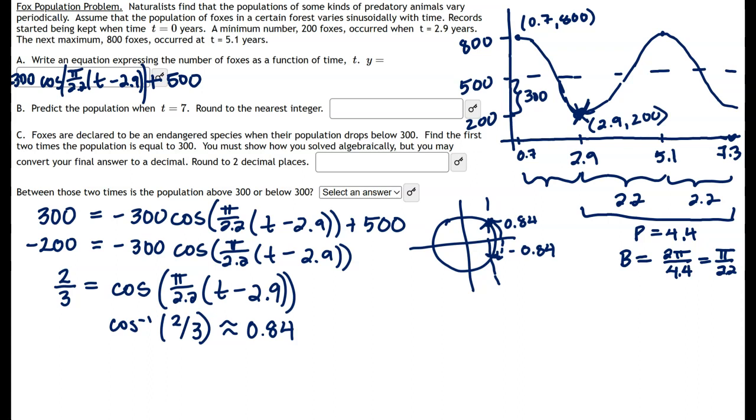Okay, so we're going to say we've got this pi over 2.2 times t minus 2.9. That's our angle. And that's going to be equal to roughly plus or minus 0.84 plus 2 pi k. And we'll need to multiply both sides by 2.2 over pi.